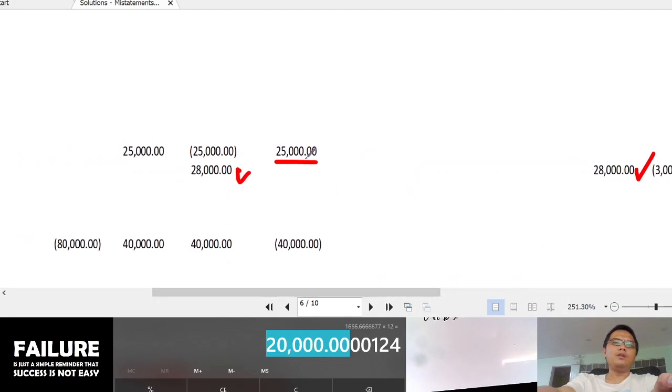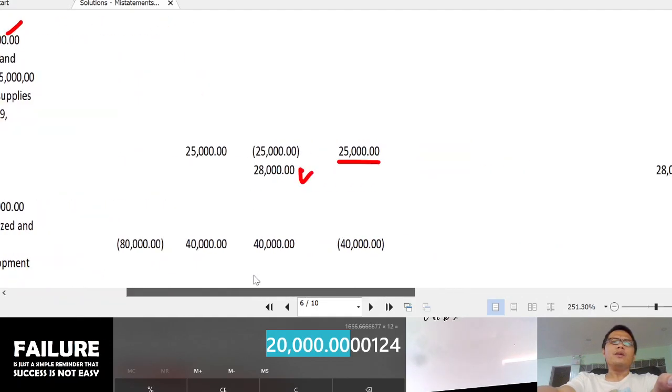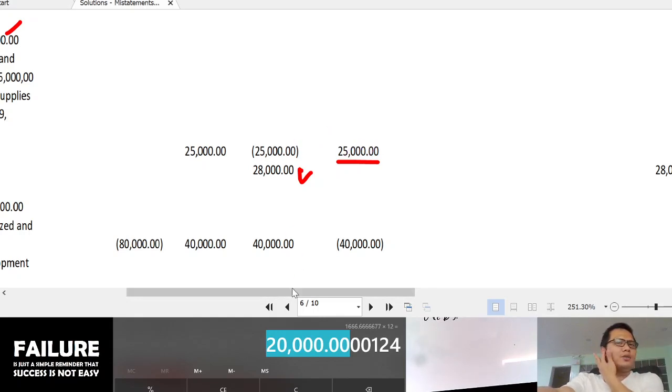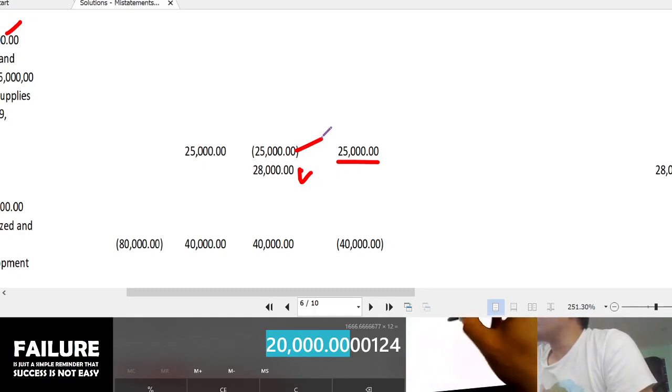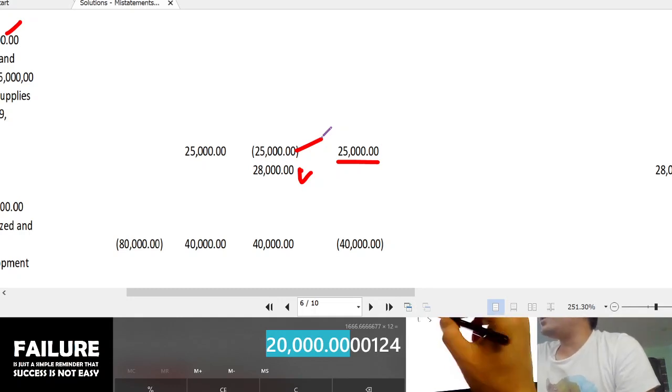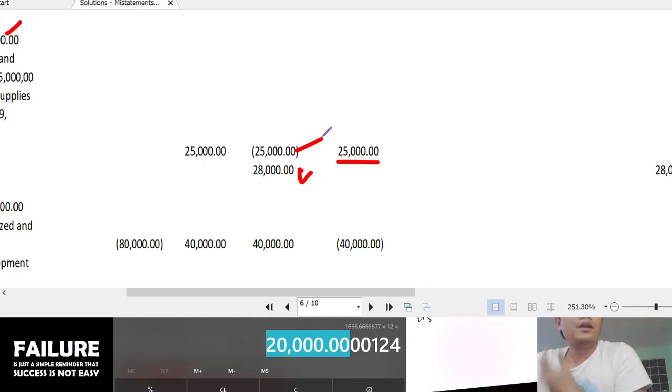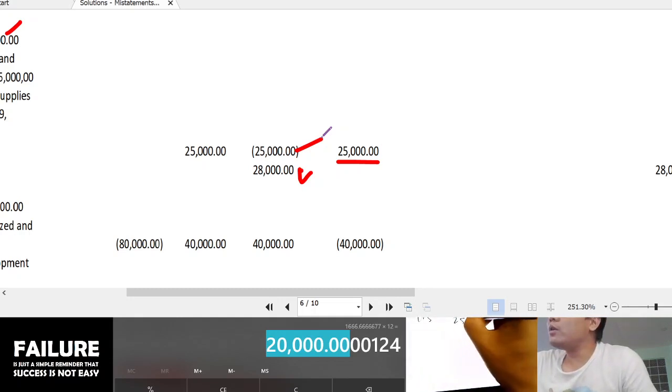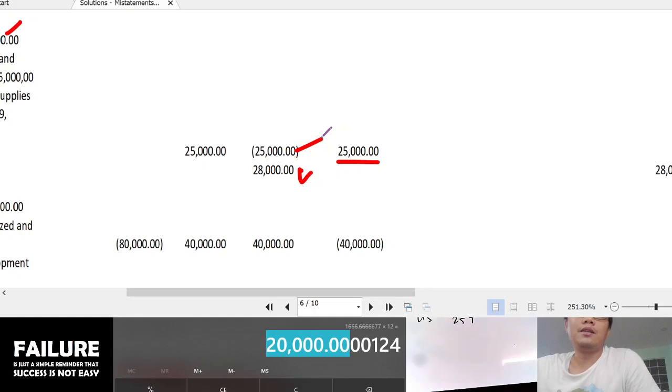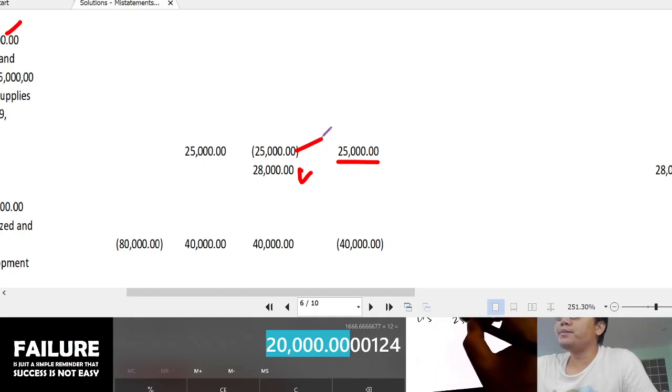Paano yan kinuha? Di ba in 2018 ang effect nito sa supplies expense natin is that kulang tayo ng 25,000, di ba? Again ha? In 2019, unused supplies, nagkulang tayo ng 25,000. Correct? Kasi yun nga, recognized na siya in 2018. For this particular error, itong 2018 error natin.